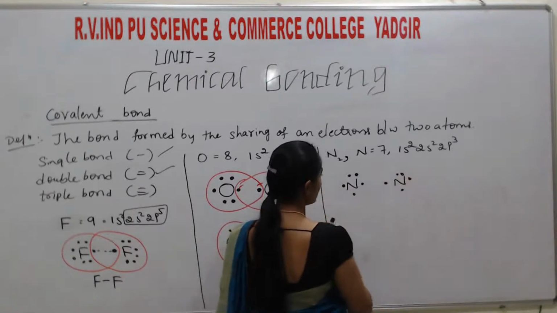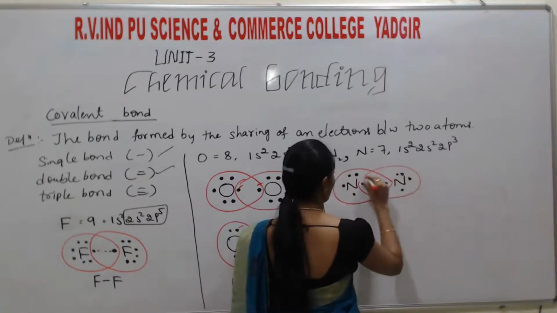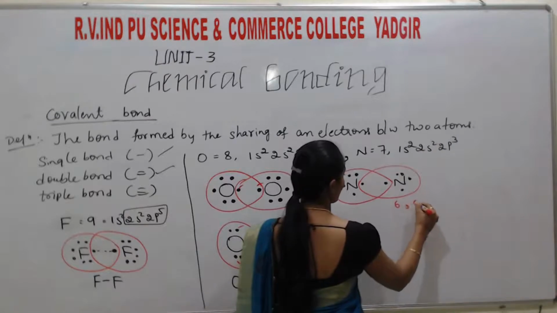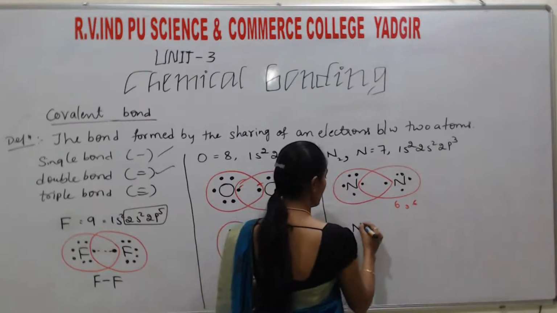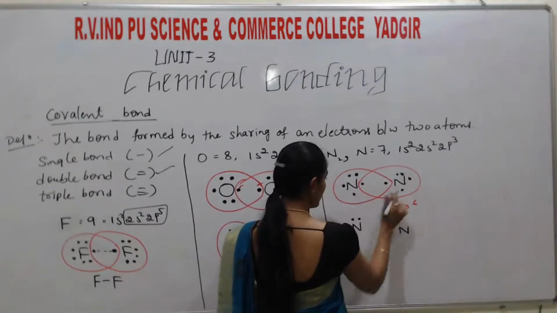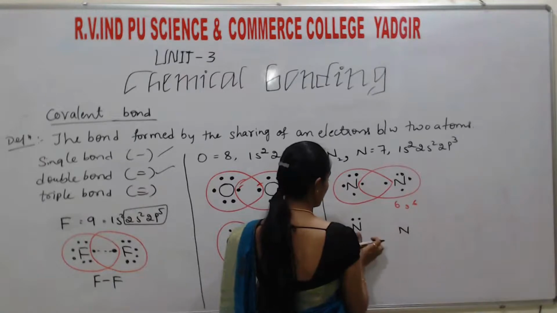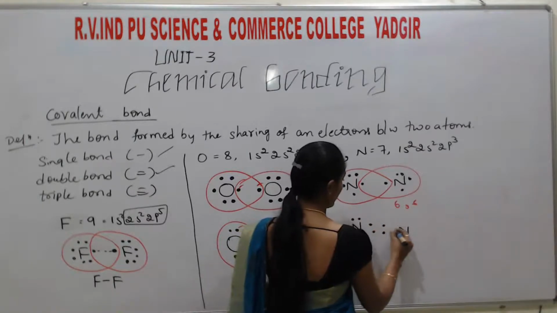So if you consider the bond of 1 electron, then at that time it becomes 6, 6. So still we want extra electrons, means again you do it by removing these 2 electrons. Okay, these 2 electrons, it will form a double bond.